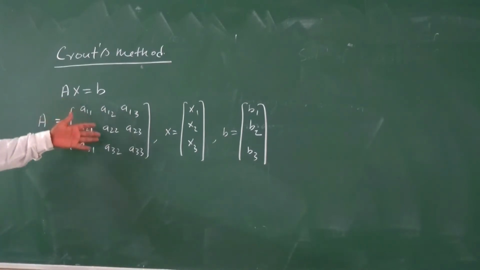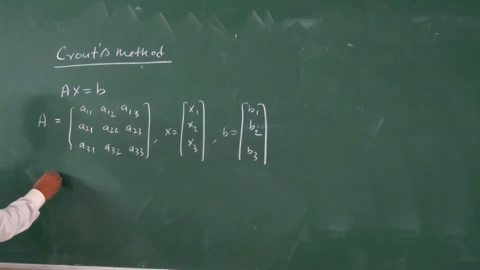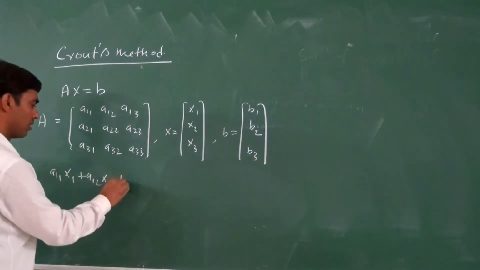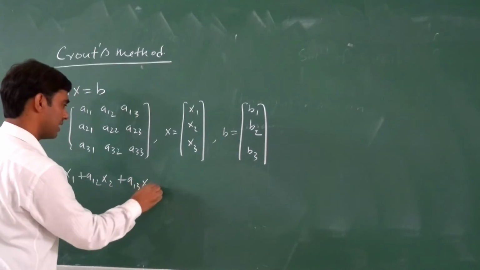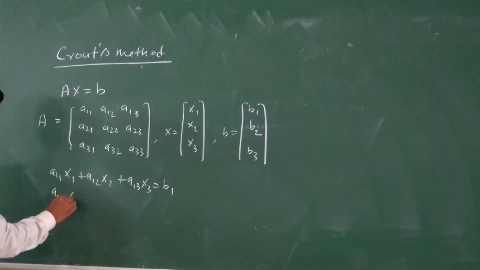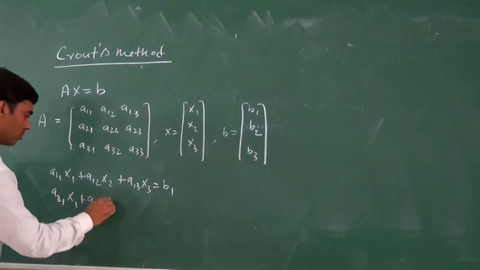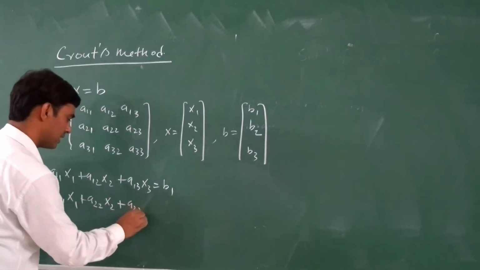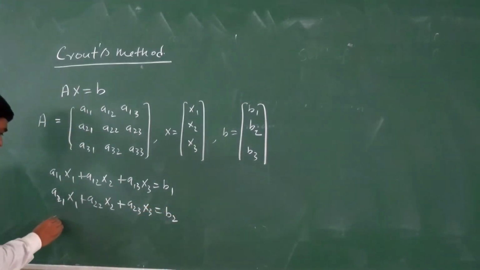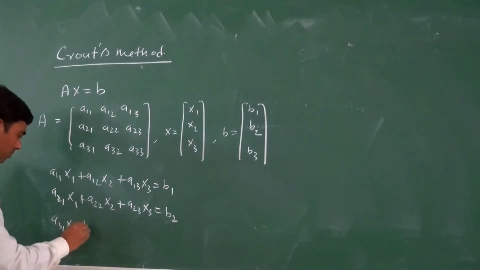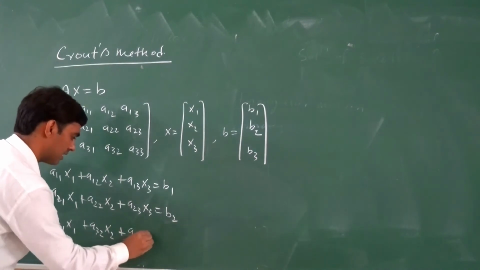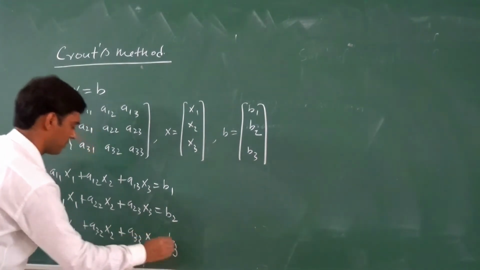So if we write the equivalent system of linear equations, it is A11 x1 plus A12 x2 plus A13 x3 equal b1. A21 x1 plus A22 x2 plus A23 x3 equal b2. And the last one is A31 x1 plus A32 x2 plus A33 x3 equal b3.